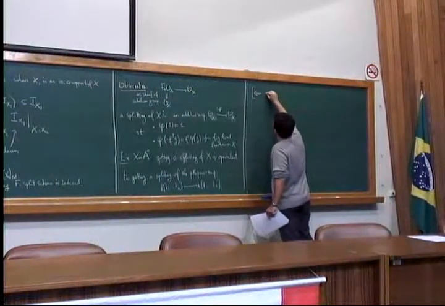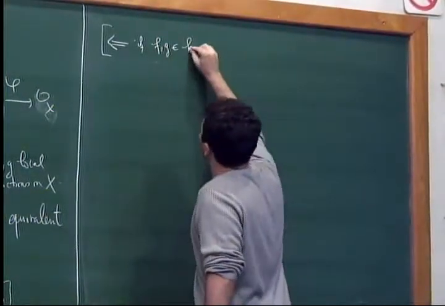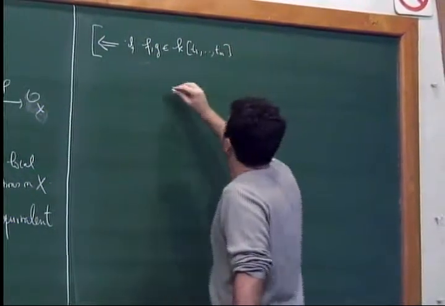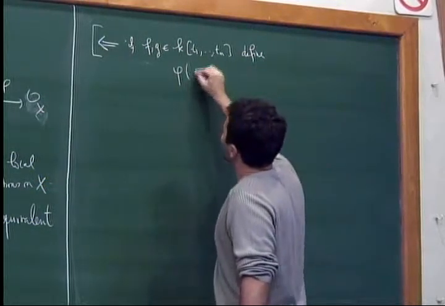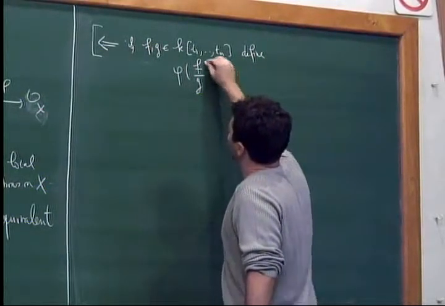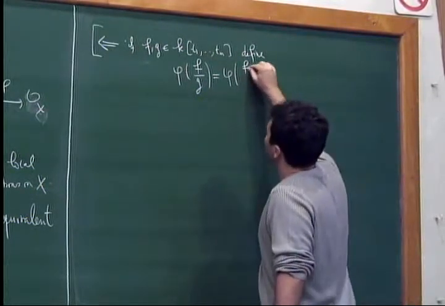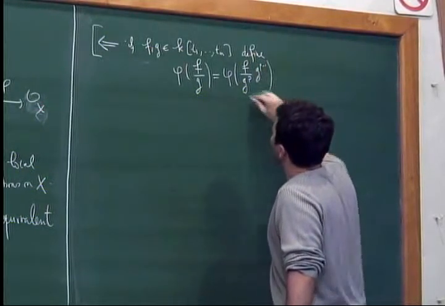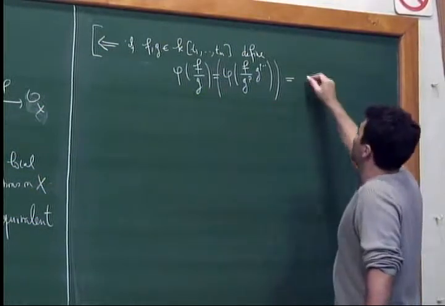If f and g are in K(T1, ..., Tn), you define phi of f over g to be phi of g to the power p minus 1 times f, over g to the power p. You see that you don't have the choice.